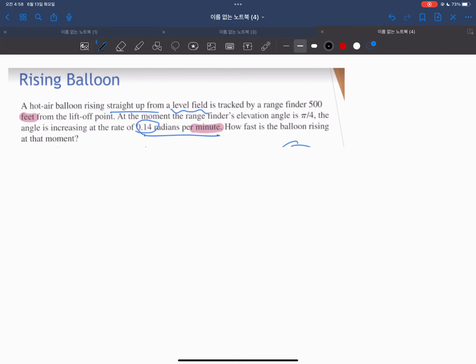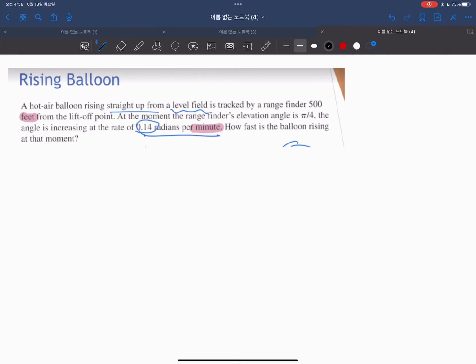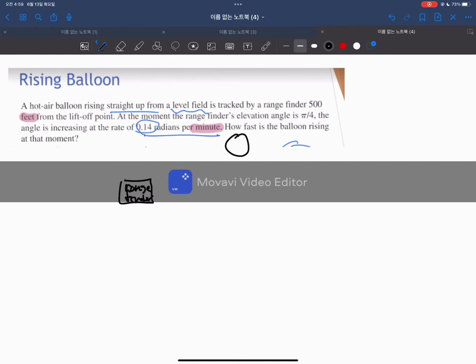We should use d over dt of tangent theta is equal to d over dt of h over d, which is h over 500. I will show you with the drawing. This is the rangefinder, and this is going to be the hot air balloon, and this distance will be 500 feet.